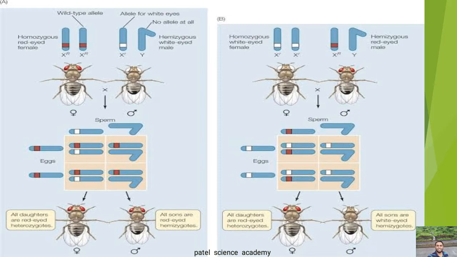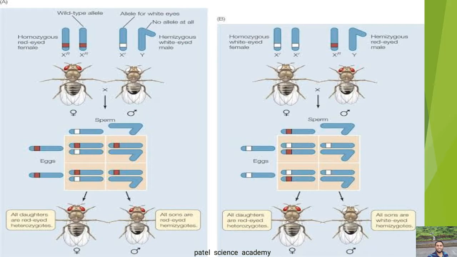White body and miniature wings showed 37.2% recombination in cross 2. So cross 1 shows crossing over between the genes Y and W. Cross 2 shows crossing over between the genes white, that is W, and miniature wings, that is M. Here the dominant wild type alleles are represented with the plus sign.